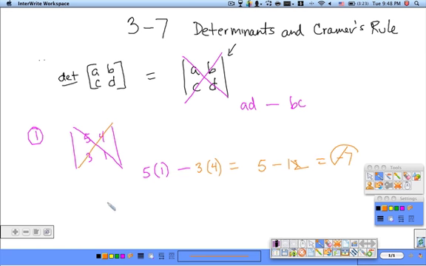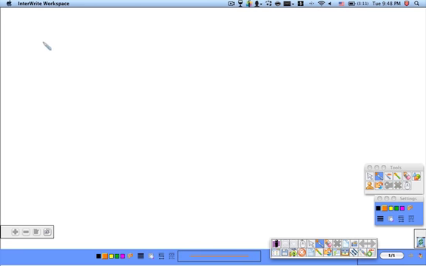Alright. Now example 2, you're going to do a 3 by 3 matrix. So let's clear the page. Number 2, 3 by 3. 2 by 2 is fairly simple, right? But as soon as you get to a 3 by 3, that's where it gets a little bit more complicated.